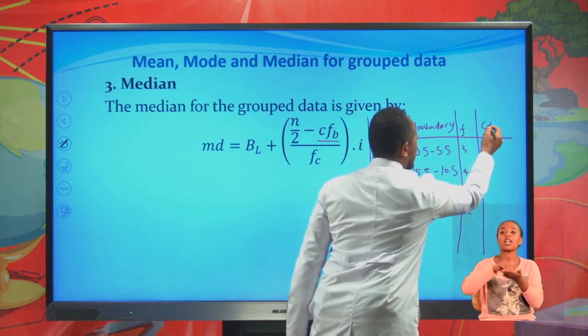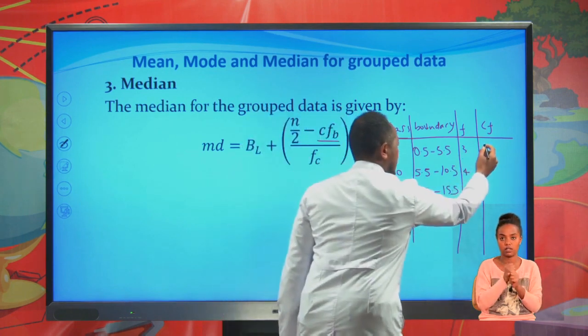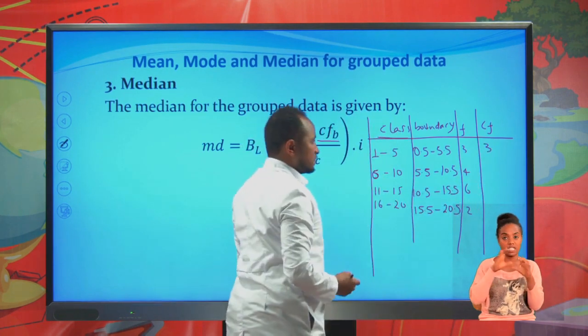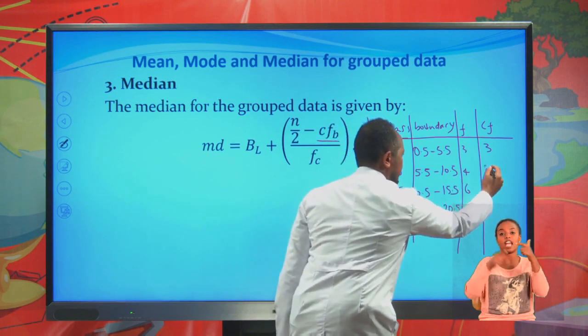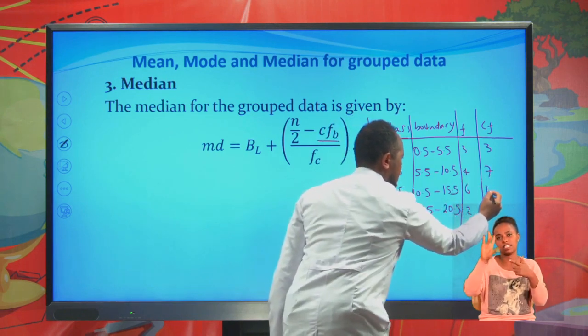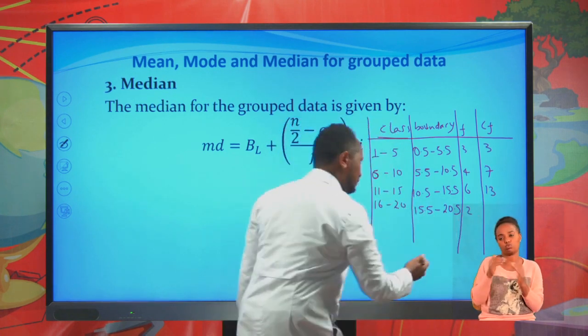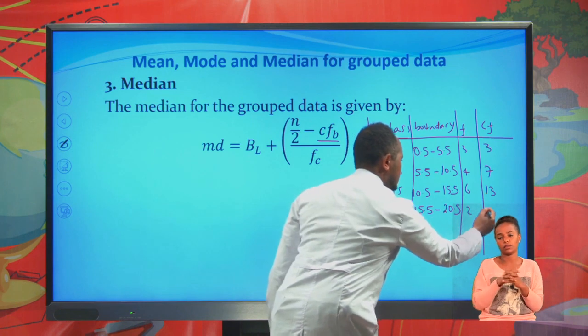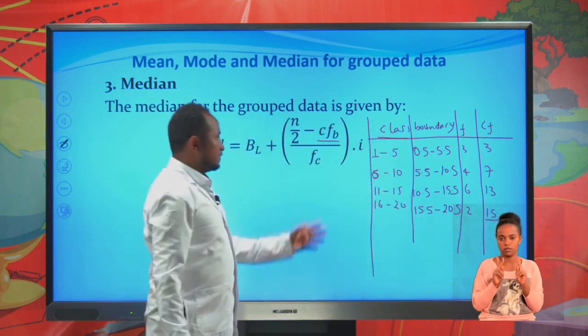The cumulative frequency is obtained: on the first class we have 3. First and second class together 7. 7 plus 6, 13. 13 plus 2, it is 15. Okay. Now we have this.